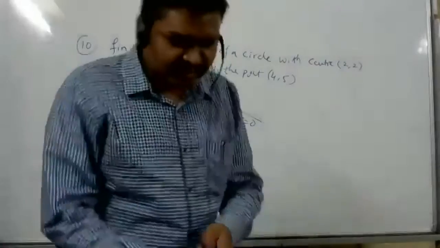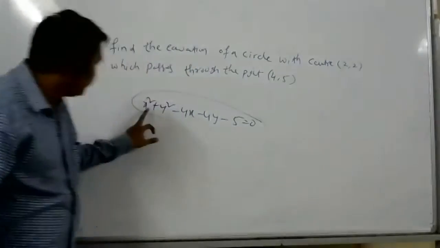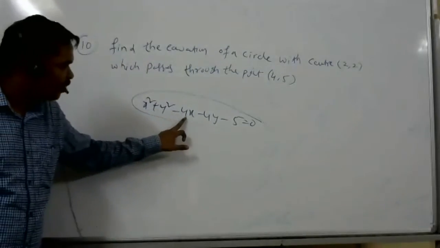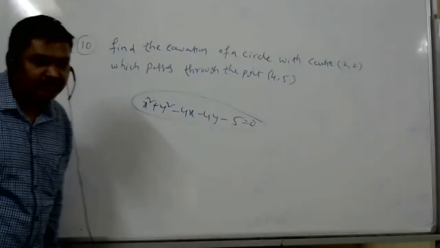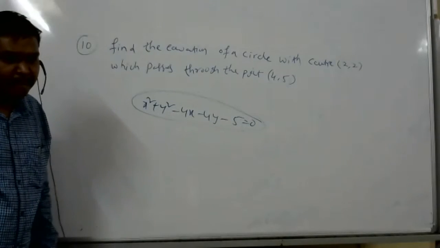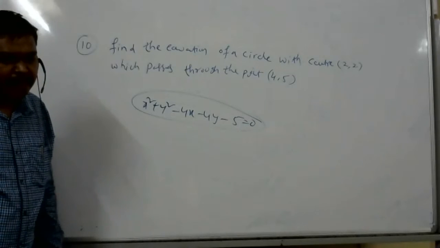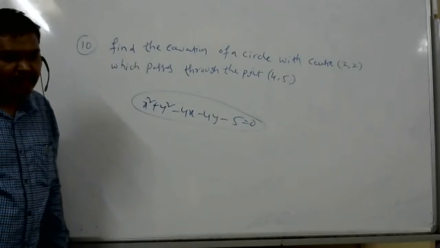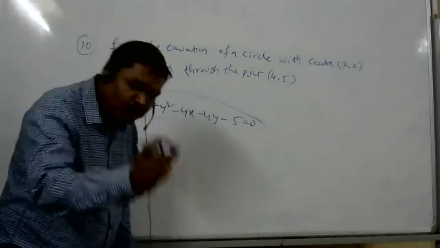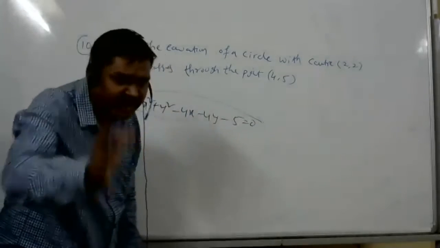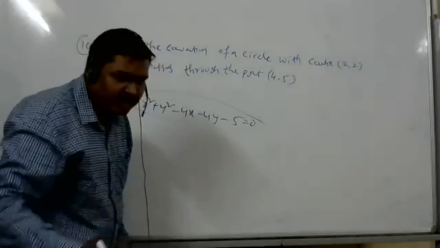Okay. Time is over. So what is the answer? See, x square plus y square minus 4x minus 4y minus 5 is equal to 0. The equation of the circle with center 2 comma 2, substituting in place of h comma k: x minus 2 whole square plus y minus 2 whole square is equal to r square.